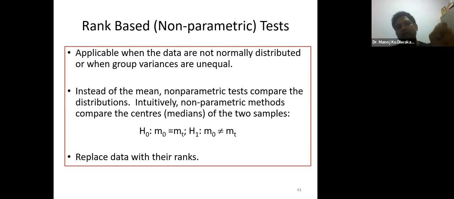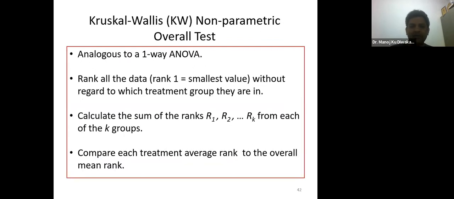For example, the null hypothesis is that the median value is the same as the other treatments, versus that they are not the same. So we replace the data with their ranks. That is the strategy we will be opting for in non-parametric methods.